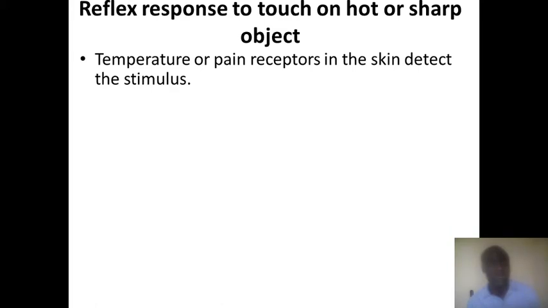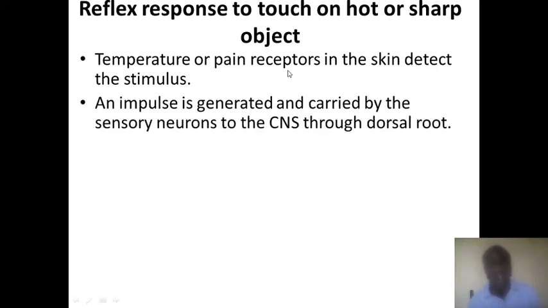If you touch a sharp object like a pin, the pain receptors will detect that stimulus and then they generate an impulse and send it to the central nervous system through the sensory neurons in the dorsal root. So these nerve impulses will enter the central nervous system through the dorsal root.